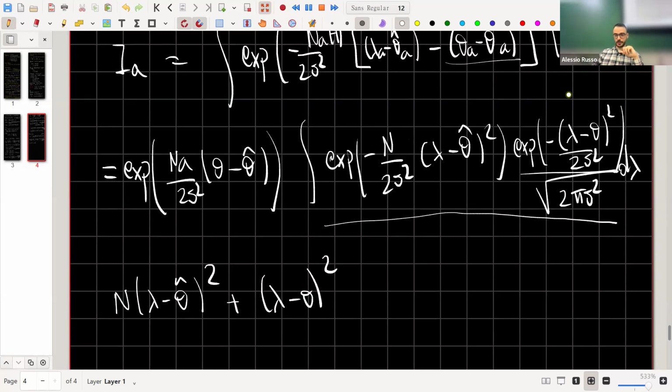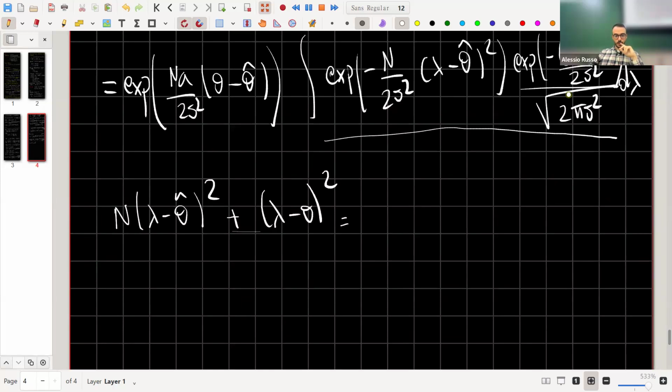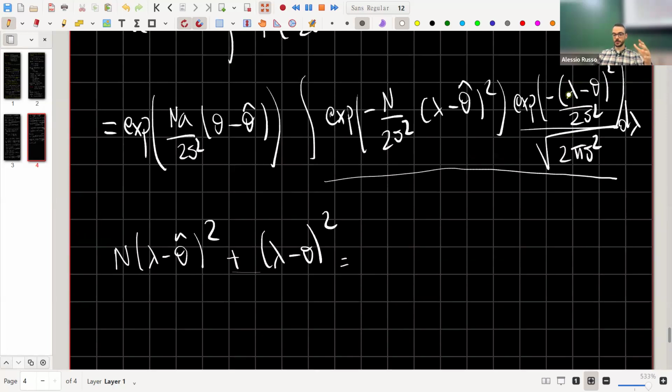Because when you do the product of these two exponentials, it will become a sum of the terms inside the exponential, and the term that you have inside the exponential is basically this quantity divided by 2 sigma squared. So we need to simplify this quantity here. We just need to write it down and make explicit what these two quantities are, and try to simplify in lambda, because the integral is with respect to lambda.